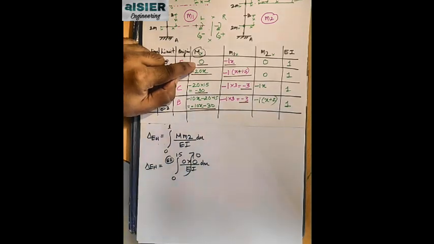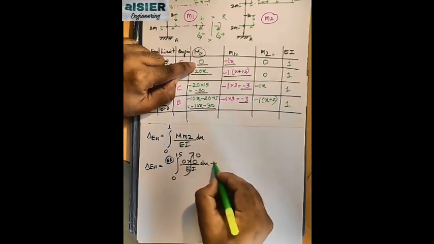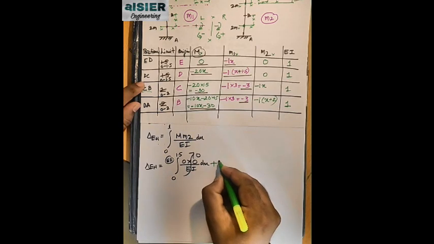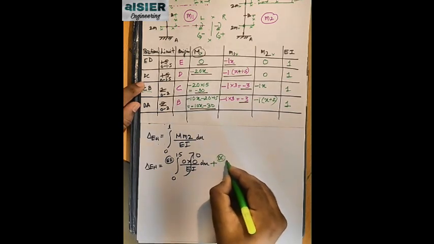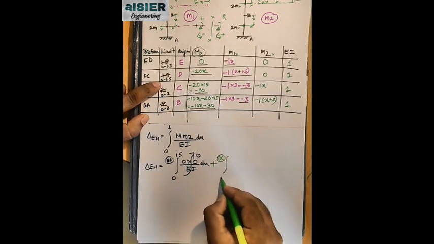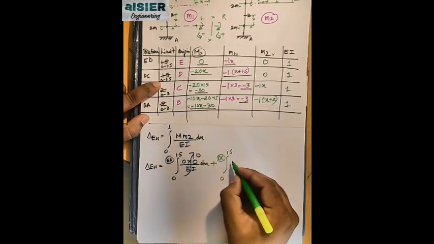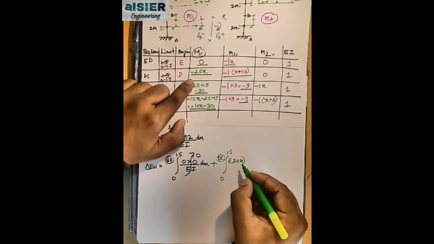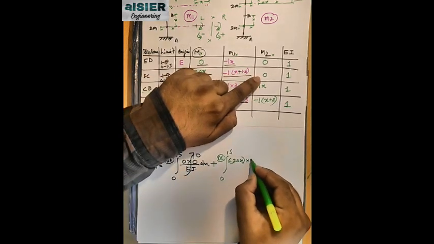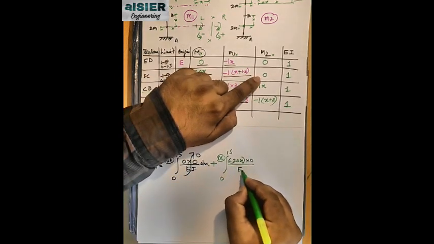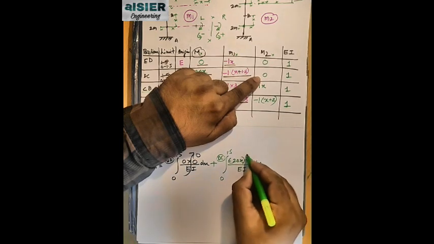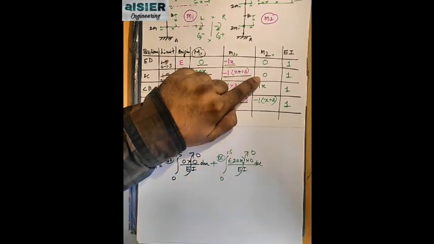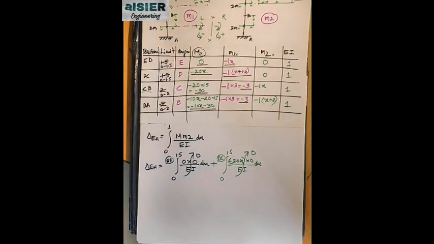And next, plus, the next region is DC. Okay, the limits are 0 to 1.5. What is the value of M? It is minus 20x. What is the value of M2? It is 0 upon EI dx. So since it is 0 here, it will also be equal to 0.